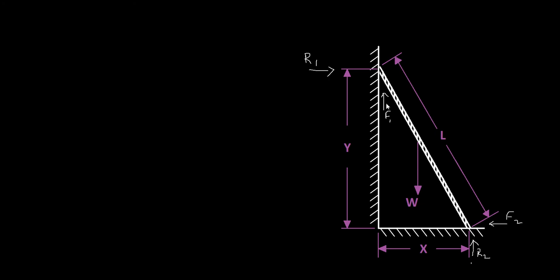Obviously the friction depends on the coefficient of friction on the surface. You know the friction F is equal to mu times Ra, where mu is the coefficient of friction. And also you will have a weight of the ladder vertically acting downward from the center of gravity of the ladder.